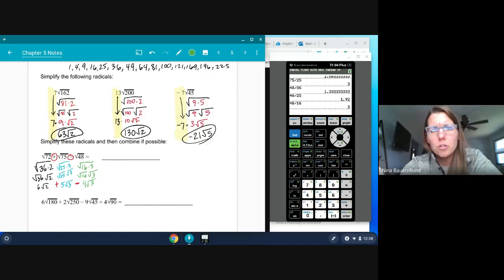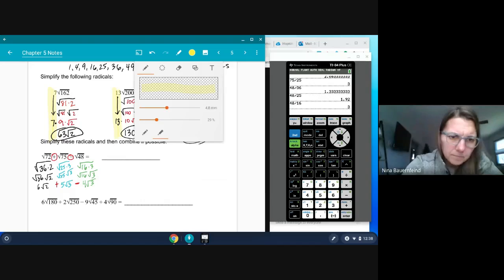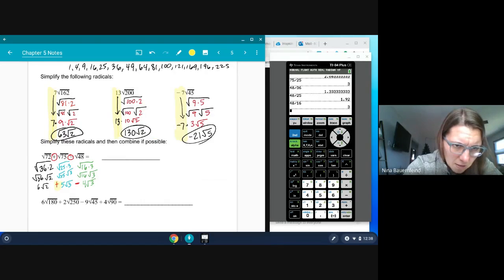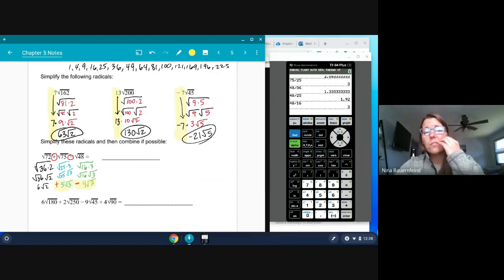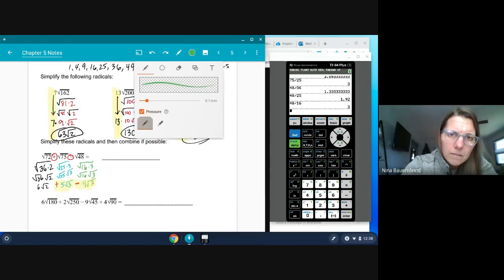So we have one extra step here. We've got to combine stuff that has the same root on it. So you see how this is a root 3 and then this is also a root 3? We're going to do 5 minus 4. Well, what's 5 minus 4? Positive 5 minus 4. 1.